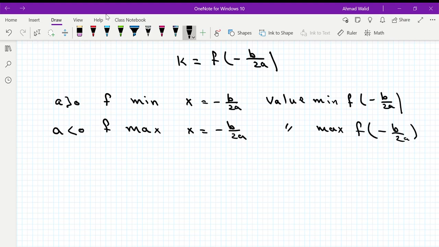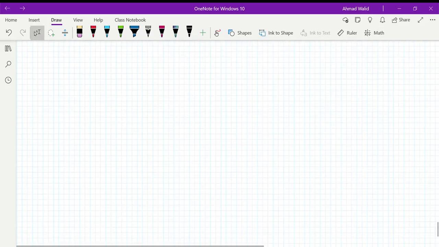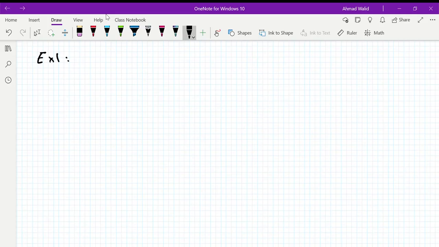Let's do an example. Find where is the maximum, if the function has maximum or minimum, and how much is its value, and where is the location, correct? Example number 1. F of x equals negative 3x squared plus 6x minus 13.